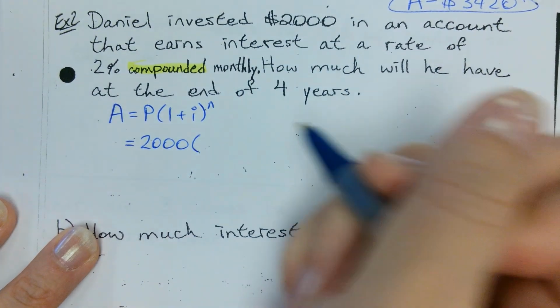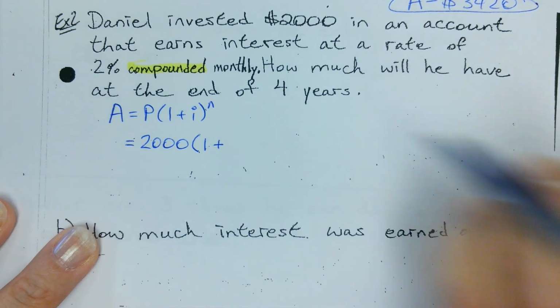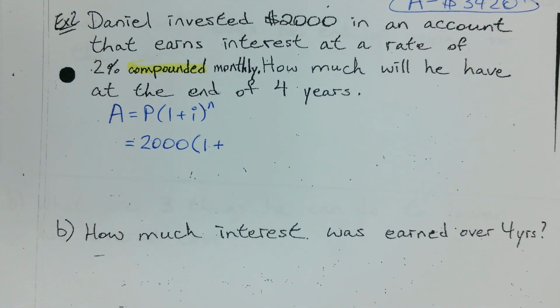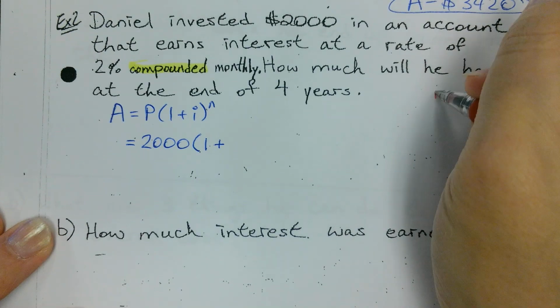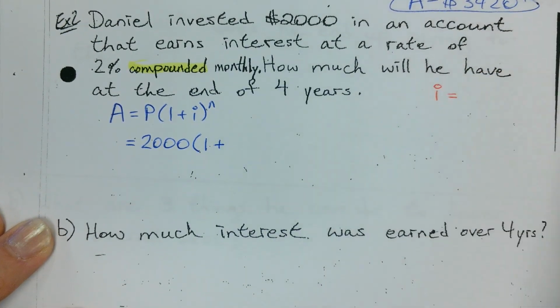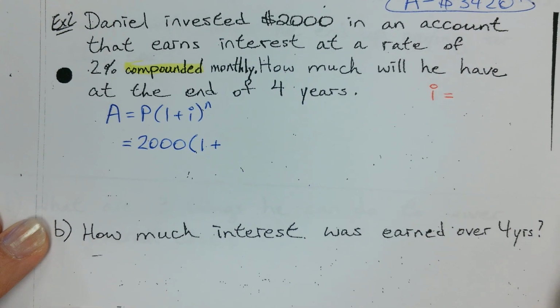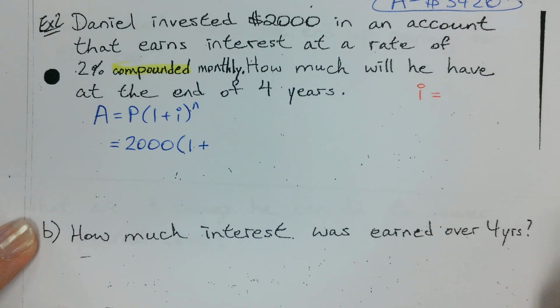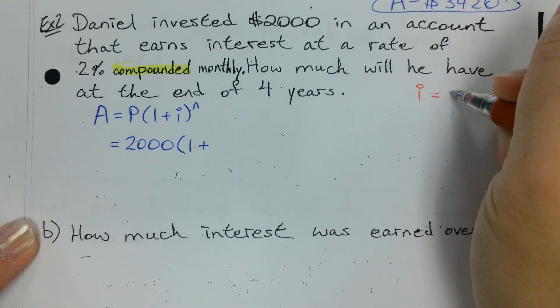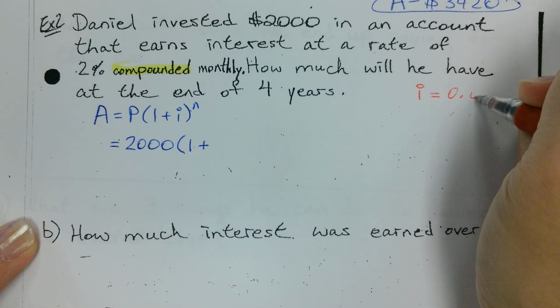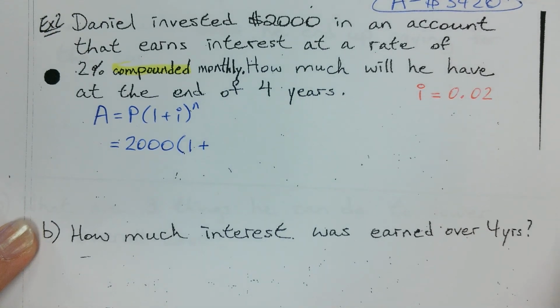Okay, $2,000. 1 plus. This part is where you need to do some side math. What's your interest rate? 2%. What is that as a decimal? 0.02. See, you guys learned fast.